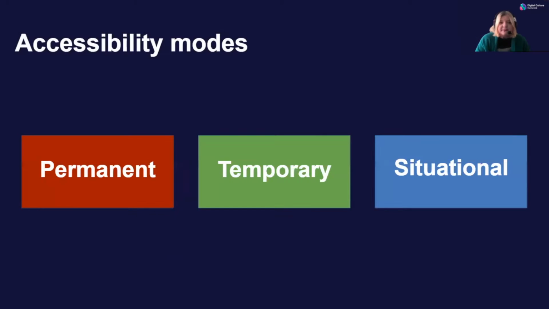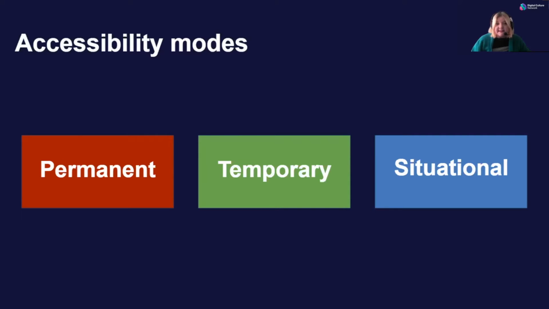Another really simple way to break down digital accessibility is to break it down into modes and barriers. There are 3 modes of accessibility. There's permanent. These are accessibility considerations that don't go away or get better eventually. Examples of this can include profound blindness or permanent hearing loss. And then there's temporary.